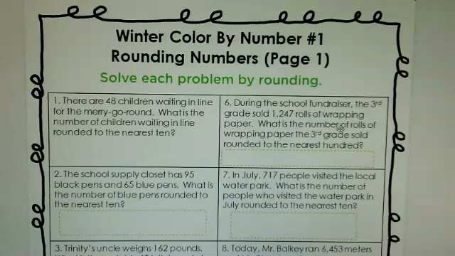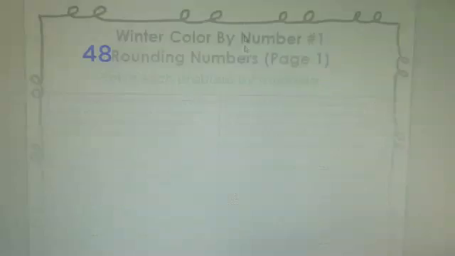It says there are 48 children waiting in line for the merry-go-round. What is the number of children waiting in line rounded to the nearest 10? Okay, so I need to take the number 48 and round to the nearest 10. What number is in the tens place? The 4. Which number determines if my 4 is going to get bigger or stay the same?